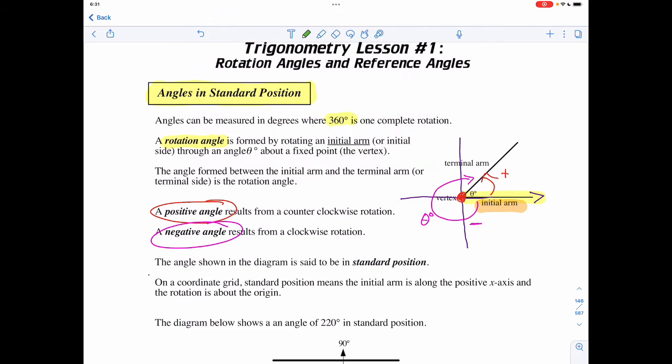We refer to this as standard position because, like I said, the vertex occurs at the origin, 0, 0, and the initial arm runs along the positive portion of the x-axis.